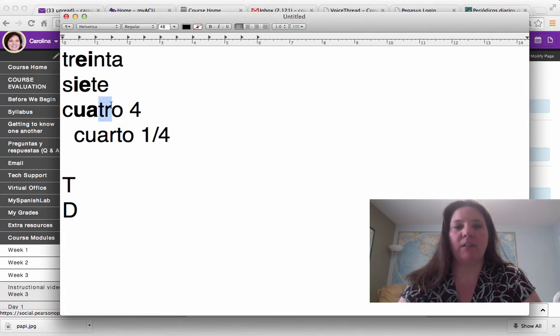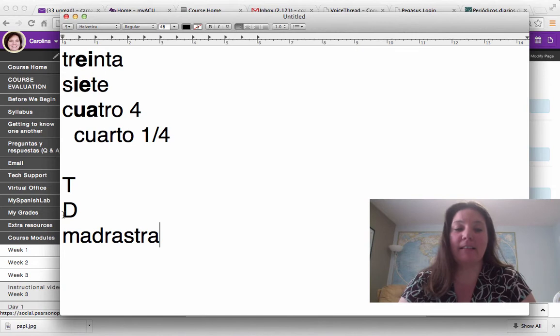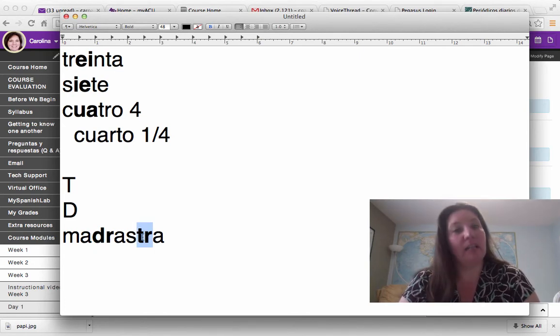The TR, if you say a hard T, there is no way you can roll the R. But if you say it softly, tr, tr, cuatro, cuatro, cuatro, okay? And the same here with the word madrastra, okay? That has DR and TR. So if you pronounce the D and the T very strong like you do in English, it's impossible.